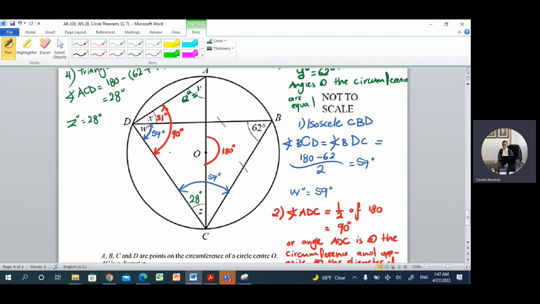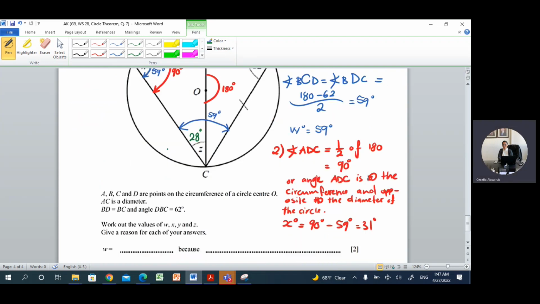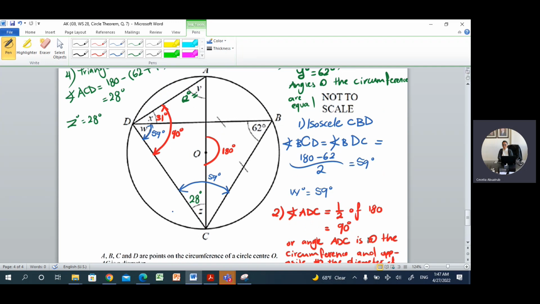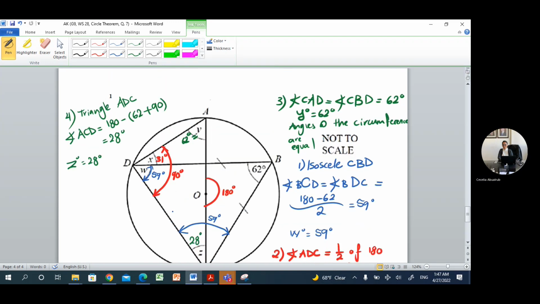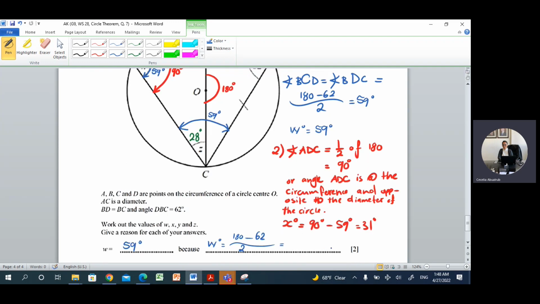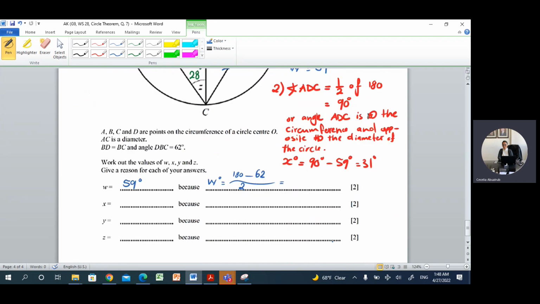So W is equal to 59. And the reason behind it, if you don't want to write sentences, you can just say W is equal to 180 minus 62 divided by 2 in the isosceles, which is equal to 59.